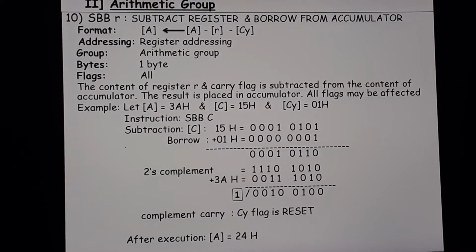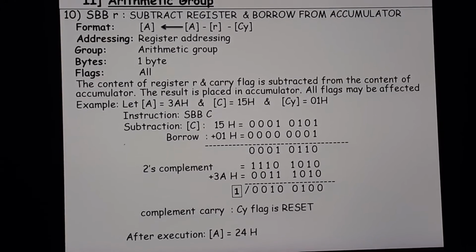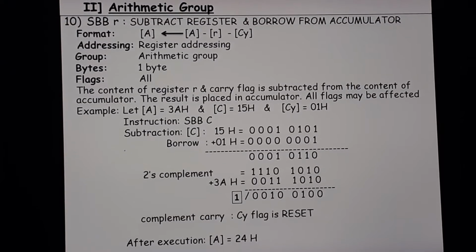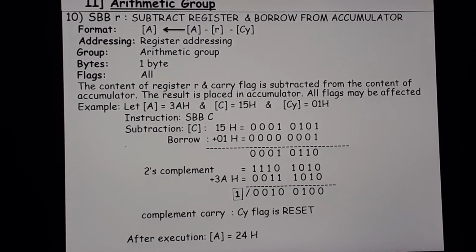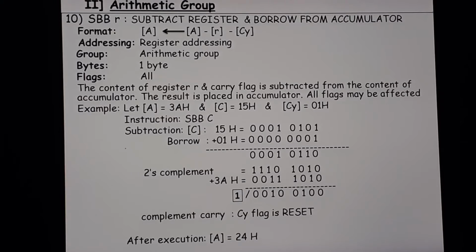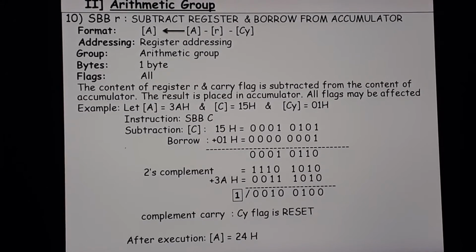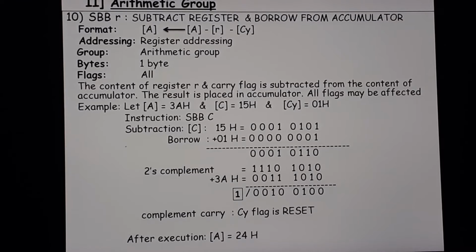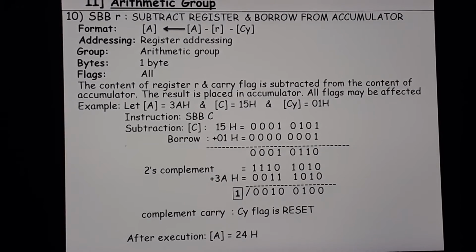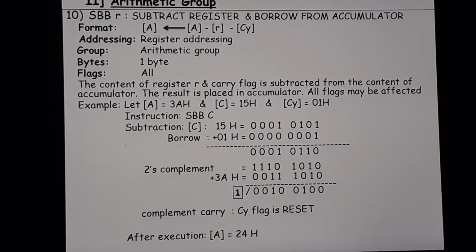But before complementing the register C, since there is borrow in this instruction, whereas in the previous instructions we did not have borrow, we only had the register, and we used to only find the 2's complement of the register, correct?